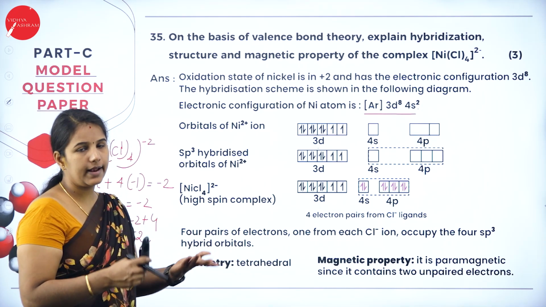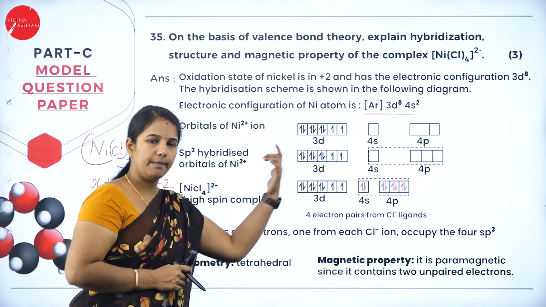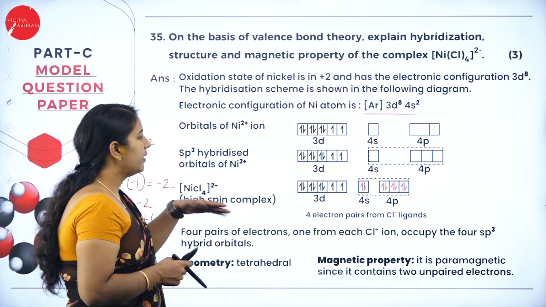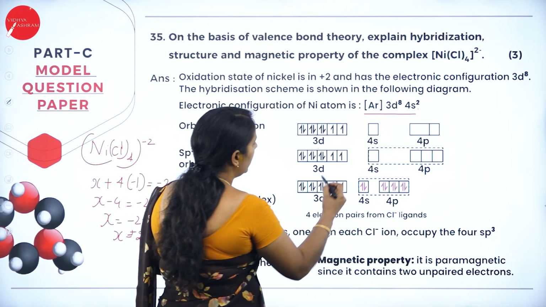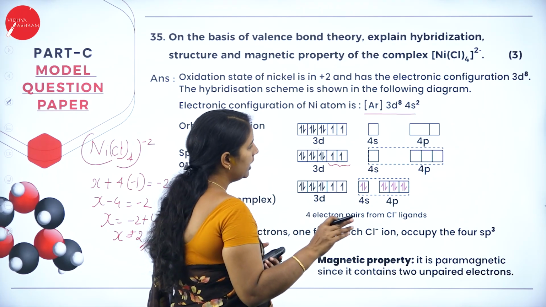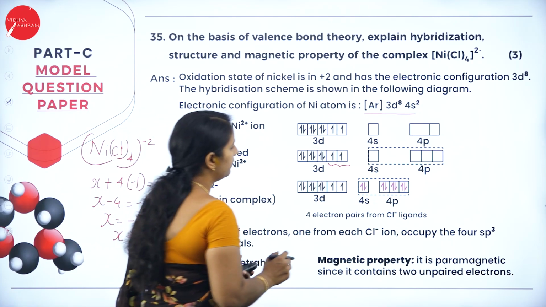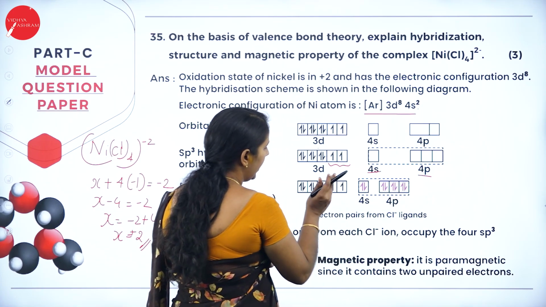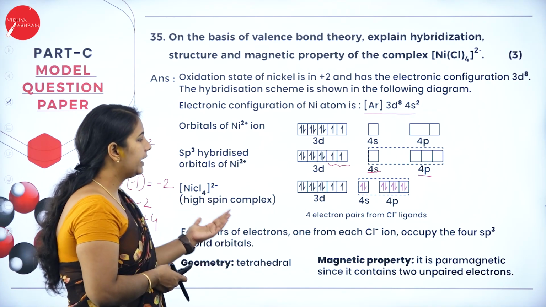The chlorines or halogens are weak field ligands, so no pairing of unpaired electrons will take place. So we must have 4 vacant places. Already we have 2 unpaired electrons. The other 4 vacant places we want are given by 4s and 4p, and these will get attacked by the 4 chlorido ligands and get filled.